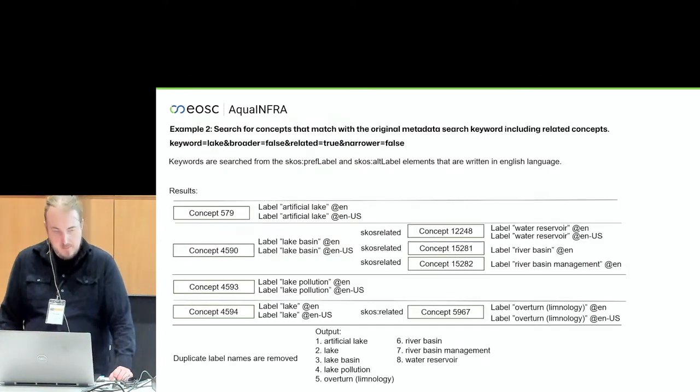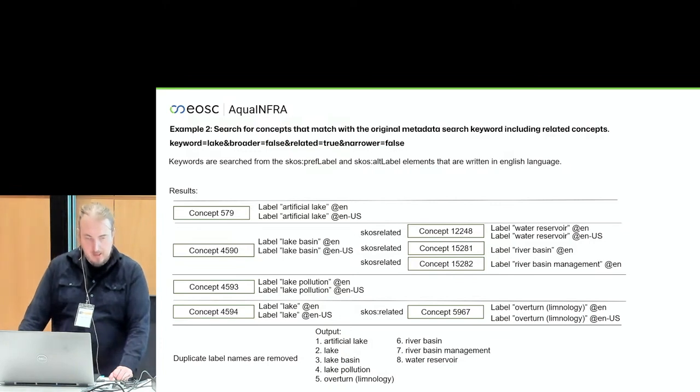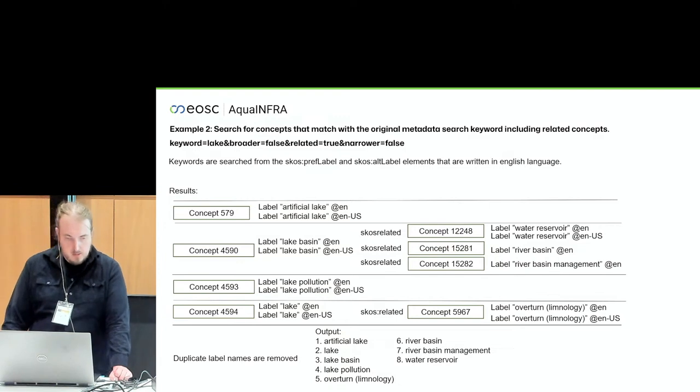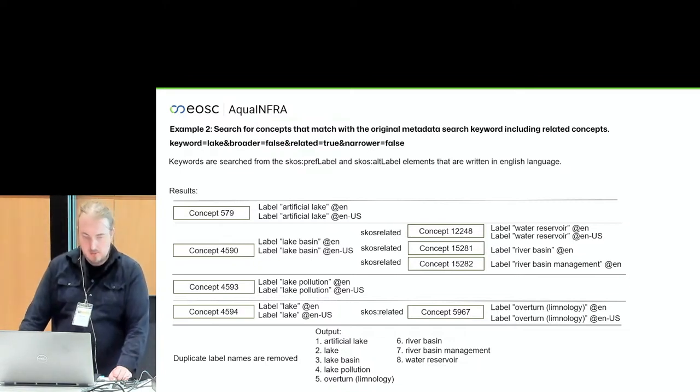And another example with the same keyword, lake, but now we are taking also the related relations into account. So we get the same 4 concepts as a result, and 2 of these concepts have also related concepts in the GEMET data. And again, we remove possible duplicate label names from the output, and we get 8 terms as an output.